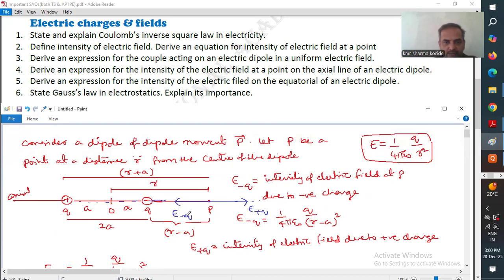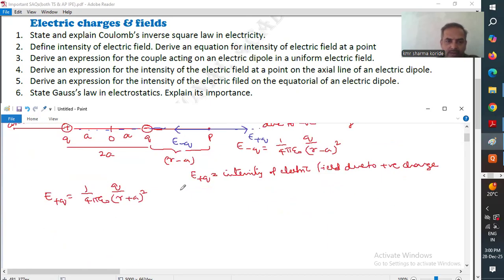So the directions of the fields are opposite. When two vectors are opposite, according to the parallelogram law, the resultant is the square root of a square plus b square plus 2ab cos theta, where theta is the angle between these two directions, so theta will be 180. When theta is 180, the parallelogram law turns into C equal to A minus B, where C is the resultant vector.